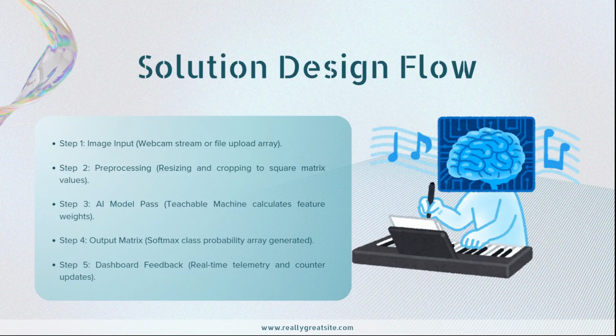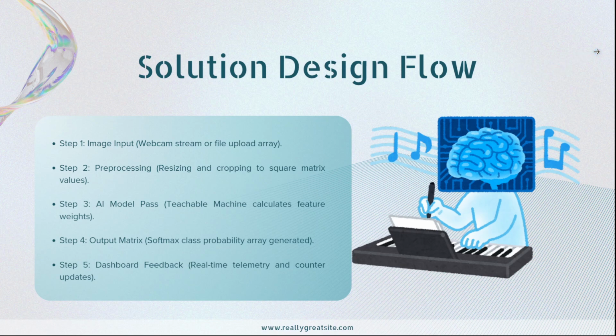This section highlights the structural solution design flow of our application data. This operational loop moves sequentially through 5 core processing stages. First, the operator places an item in front of a standard webcam or uploads a raw file asset.